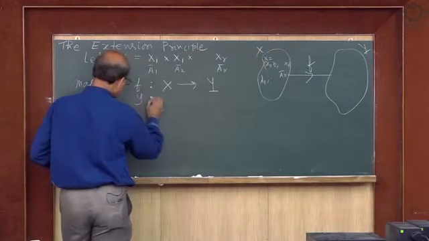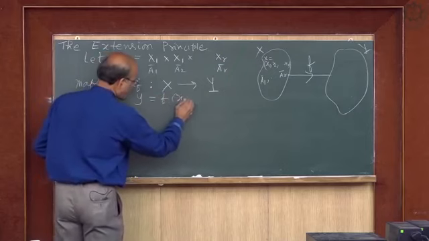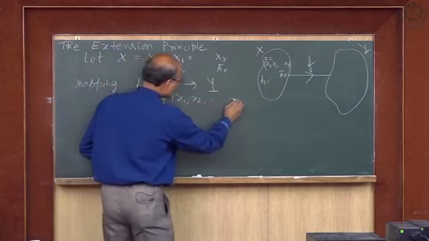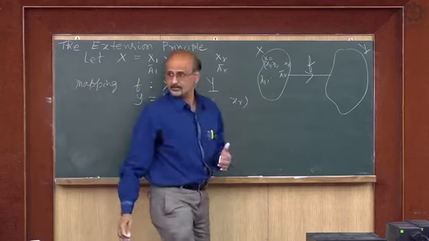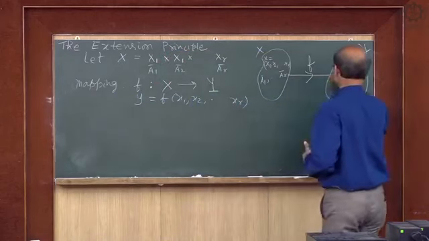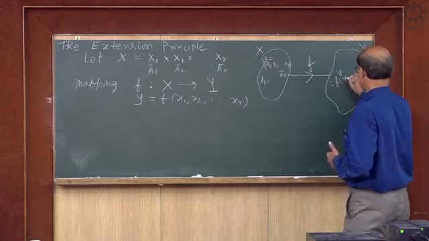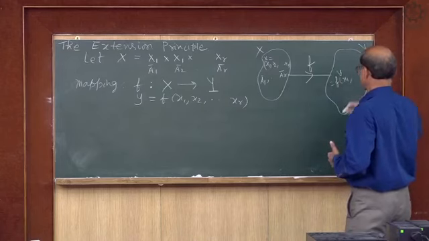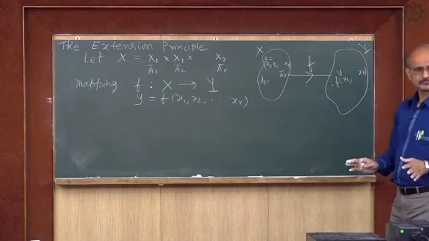I define it like this: y is equal to f of x1, x2, ..., xr. So here it is your y, and y is your f of x1 to xr.